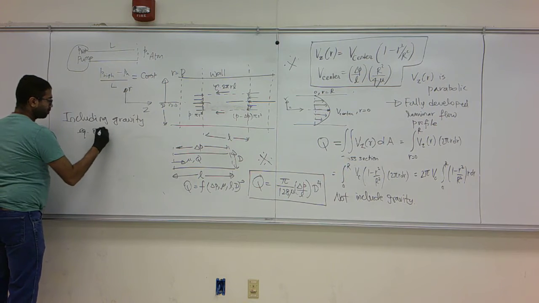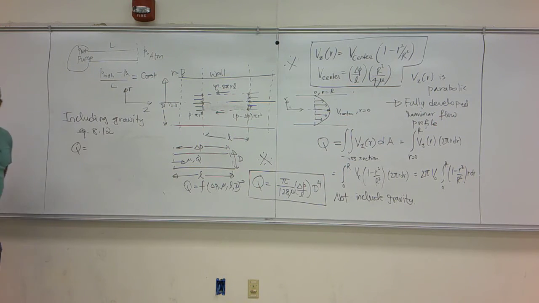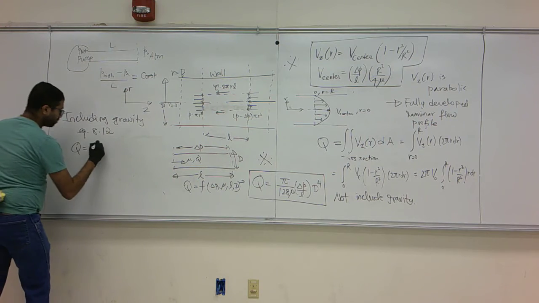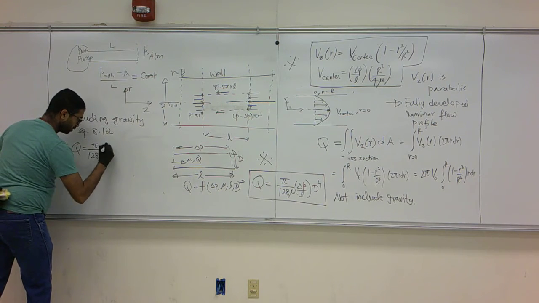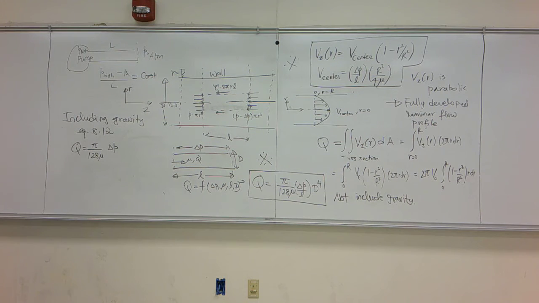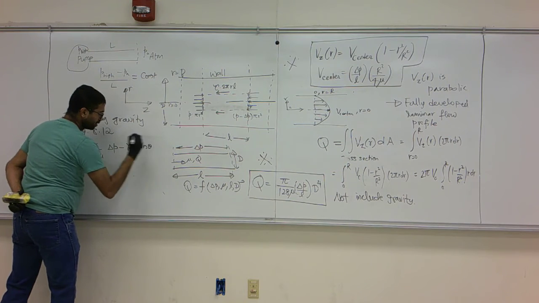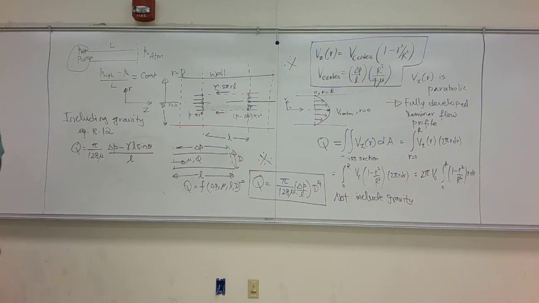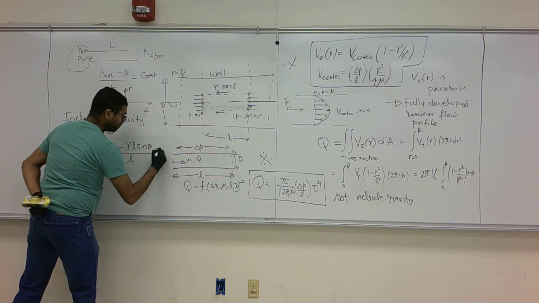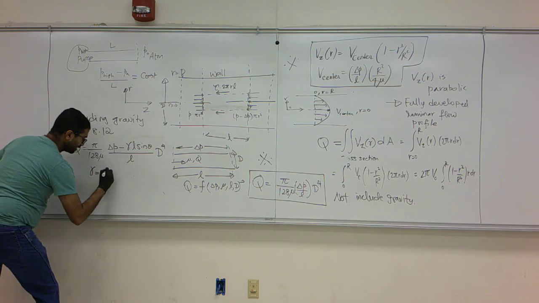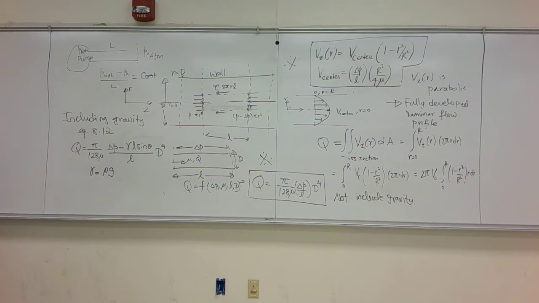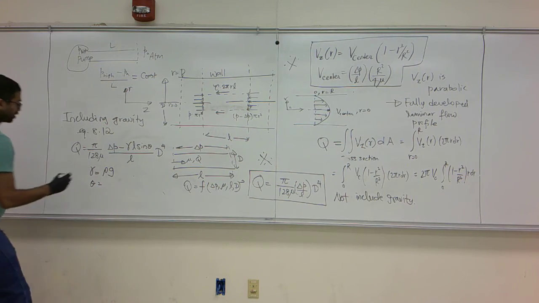we have equation 8.12, which is Q equals pi over 128 mu times delta P minus gamma L sine theta, divided by L, times d to the 4, where gamma is density times g, density of the fluid times acceleration due to gravity, and theta is the angle of the pipe from the horizontal.